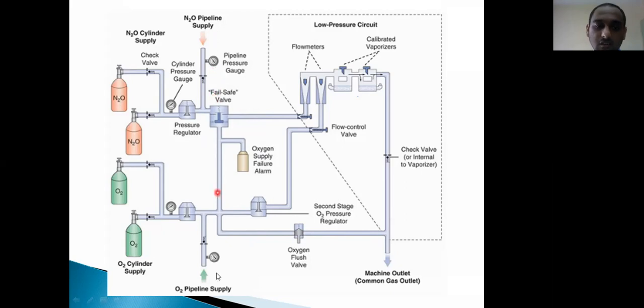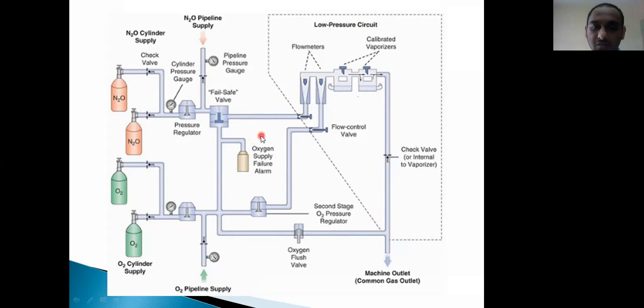So nitrous as well as oxygen pipeline supply, the pipeline pressure gauge, go to the fail-safe valve, and then we go towards the low pressure circuit. The low pressure circuit starts distal to the flow control valves, and you have the flow meters, the vaporizers, and the check valve, and we go all the way to the common gas outlet.